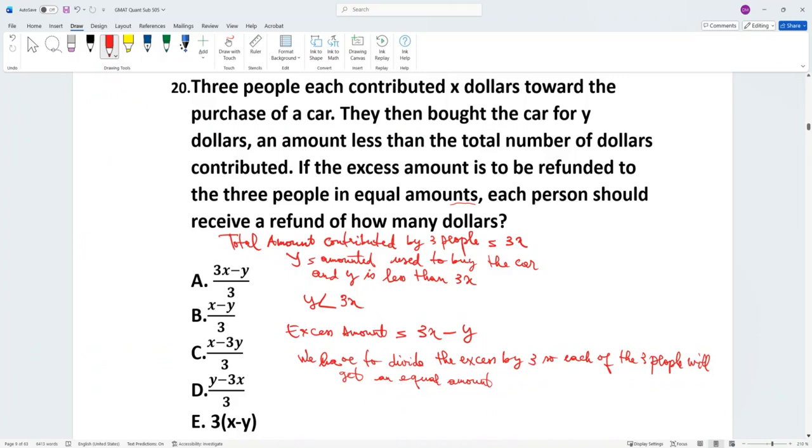So now this will give us the excess, 3x minus y, over 3, and the answer is (3x minus y) over 3.